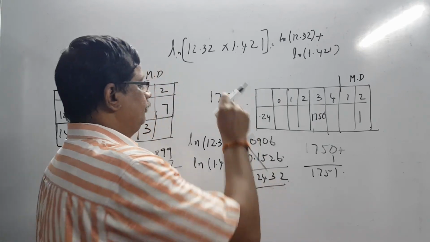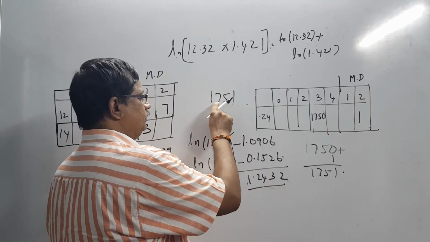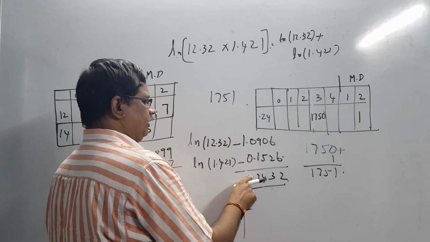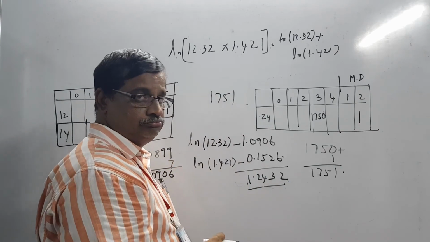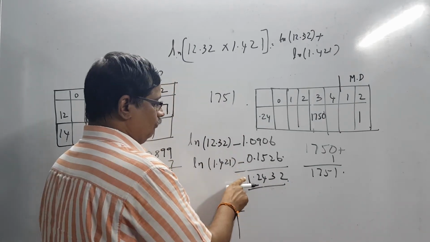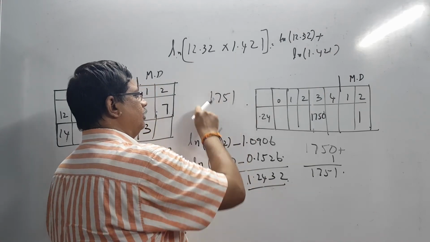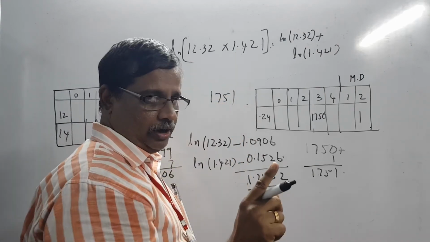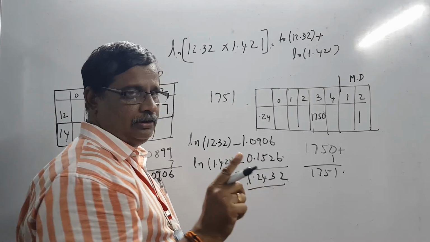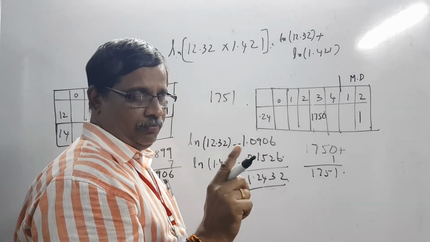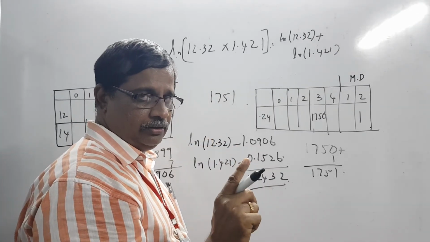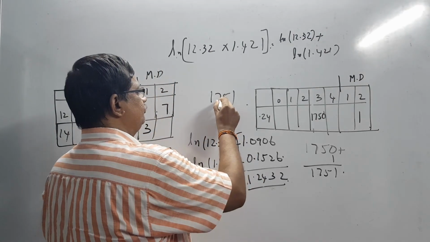Or else, if you find the logarithm of 1751, you should get 1.2432. And what is the characteristic part? 1. So 1751 has a characteristic 1. So how many digits should be there before the decimal? 2. Put the decimal here.